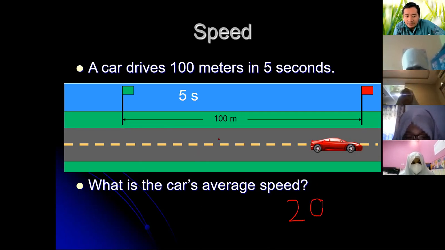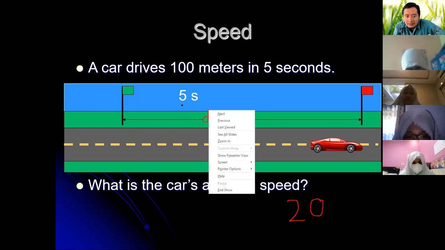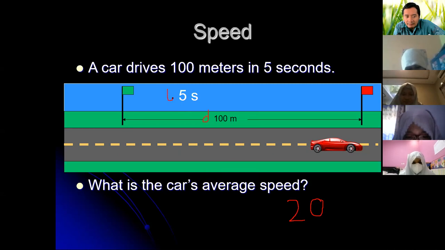Very good. This is distance, yeah, and this is the time. So distance divided by time, 100 per 5, equals 20. What is the unit, Mbak Sarah?